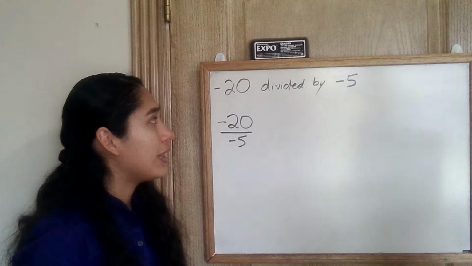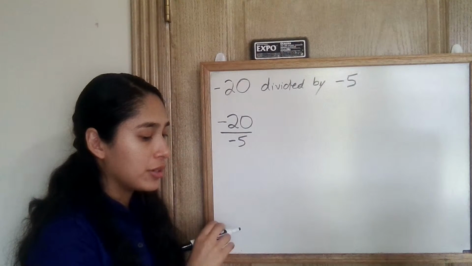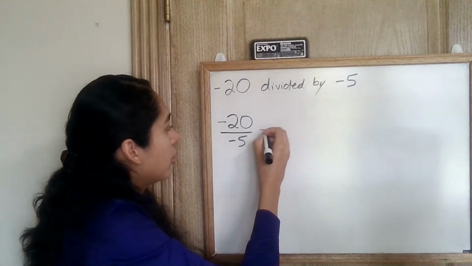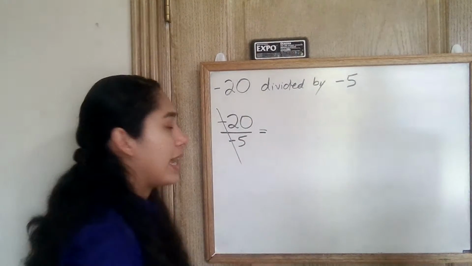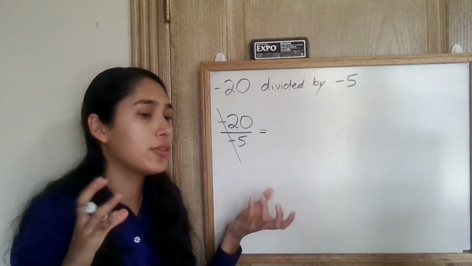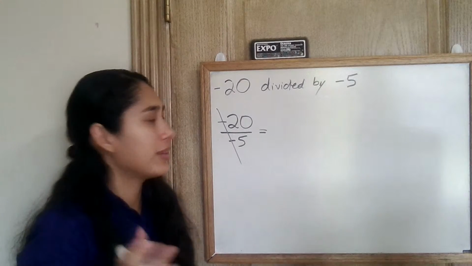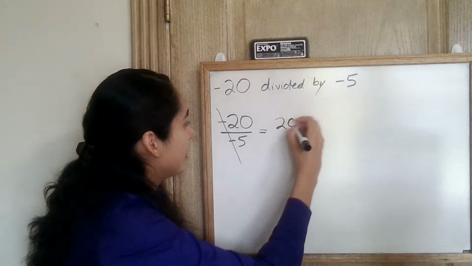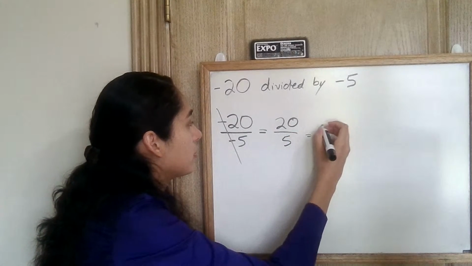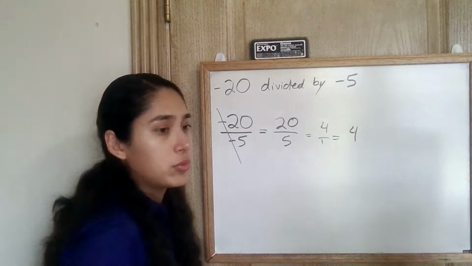If I'm dividing or multiplying and the signs are the same, it ends up becoming positive. It gets canceled out, because when party poopers get together and complain, they're having fun in their way, at least. So it just becomes positive 20 over 5, which becomes 4 over 1, same thing as 4.